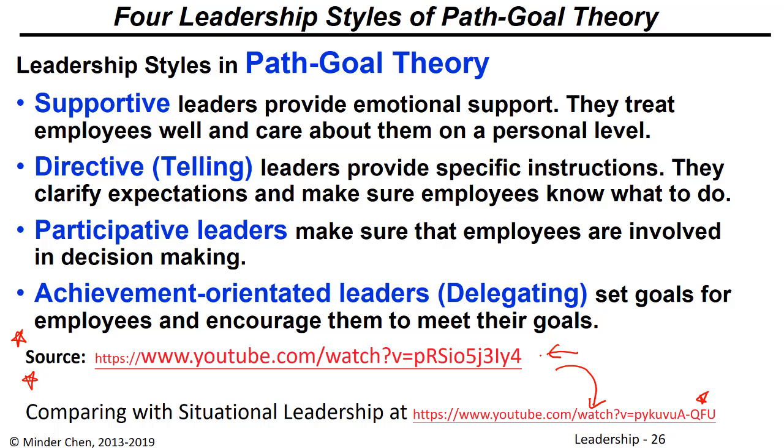Achievement-oriented leaders set the goal for the employees but encourage them to meet the goal, which means a lot of the time they would delegate. Those are the 4 official names for the 4 leadership styles: supportive, directive, participative, and achievement-oriented.